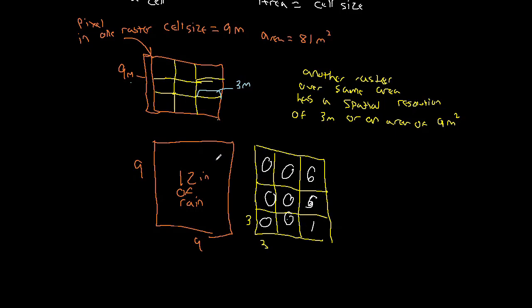It turns out that most of this rainfall came from these 2 areas here. Hopefully this makes sense and gets the point across. That the finer the spatial resolution, the smaller the cell size, the more specific your measurement is to a particular area.